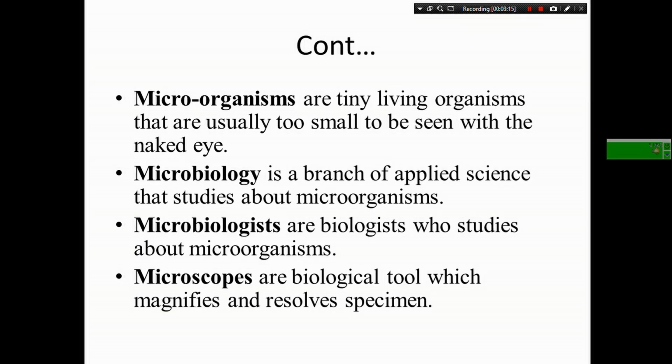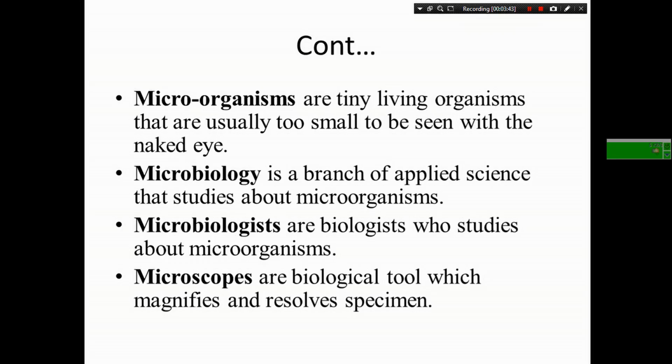Let's see the second terminology, microbiology. Microbiology is a branch of applied science that studies microorganisms. Microbiologists are biologists who study microorganisms. And finally, a microscope is a biological device which is used to magnify and resolve a specimen. Magnification is the increasing of the size of an object.